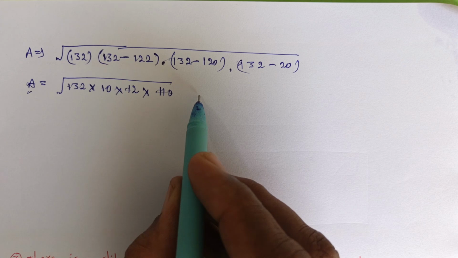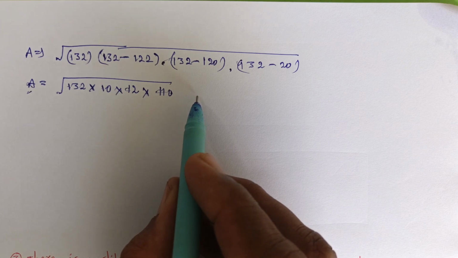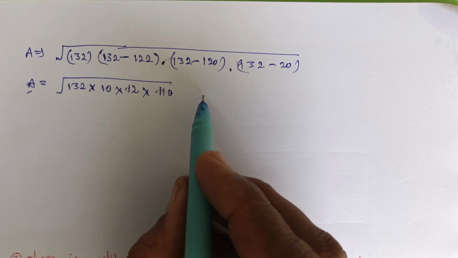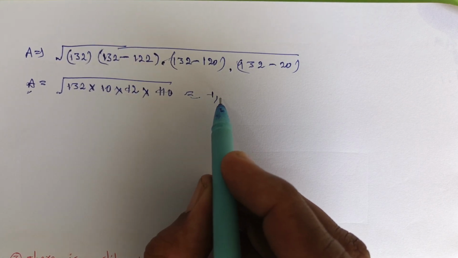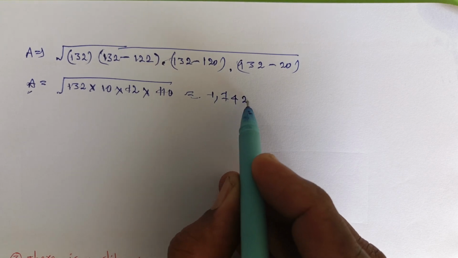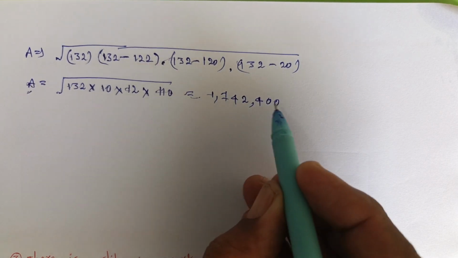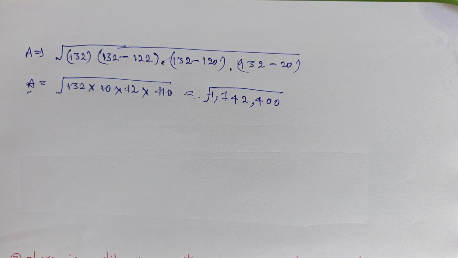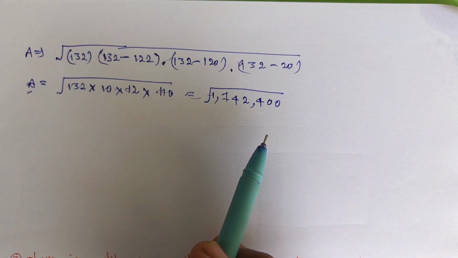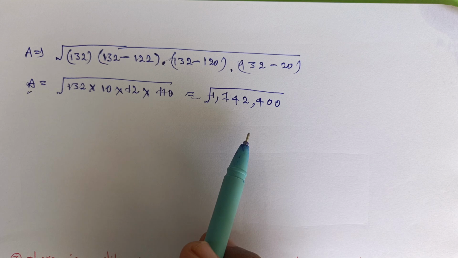So if we multiply all of them, we get the answer as 1742400. So under root of this value we have to get. Now if you take square root of that, so how to take the square root of this value?